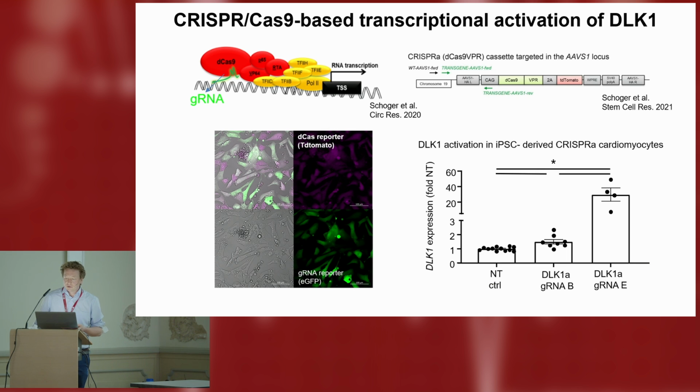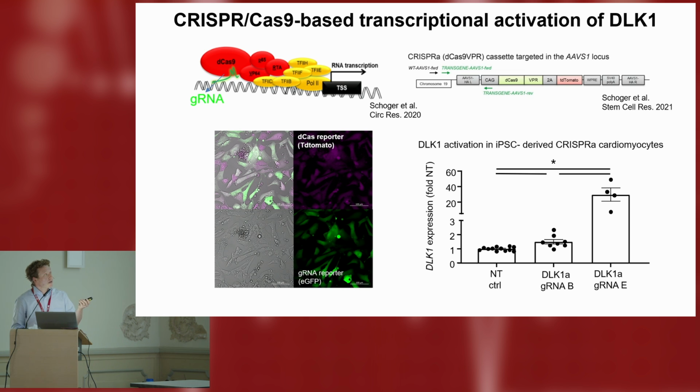To do that, we used a really nice model that was established in a lab by the group of Laura Celarayan, which uses CRISPR activation to be able to activate gene expression of basically any genes you want.